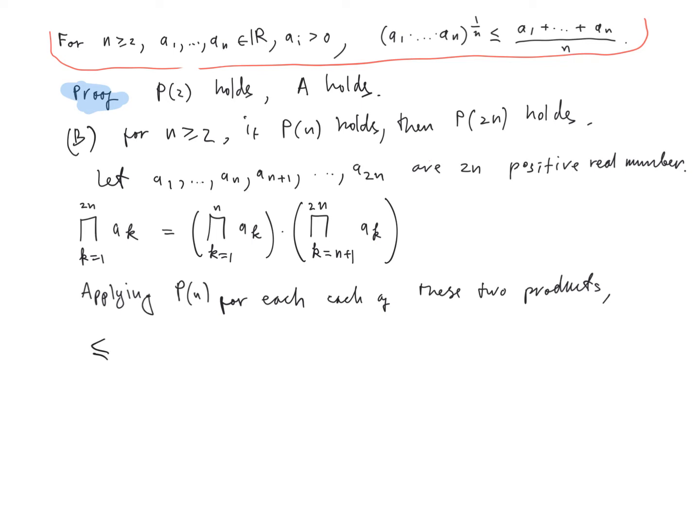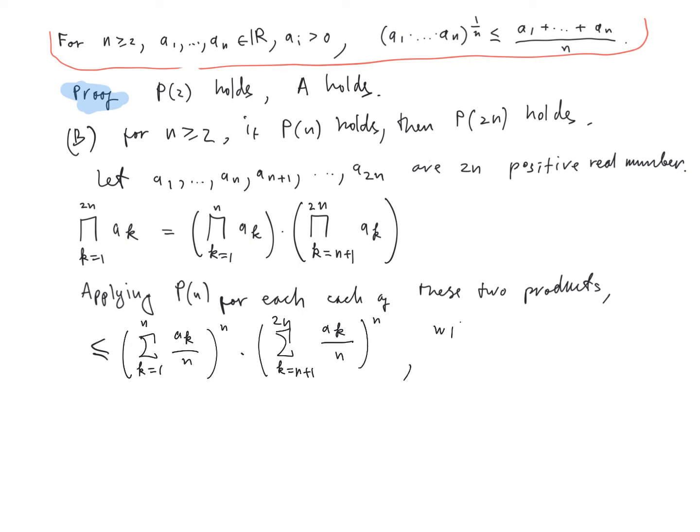So we have that this is less or equal than the arithmetic mean over all k from 1 to n of ak over n to the power n, multiplied by the sum over all k from n plus 1 up to 2n of ak divided by n to the power n.